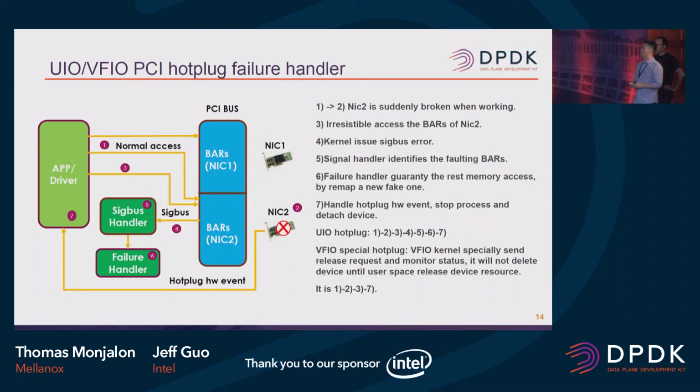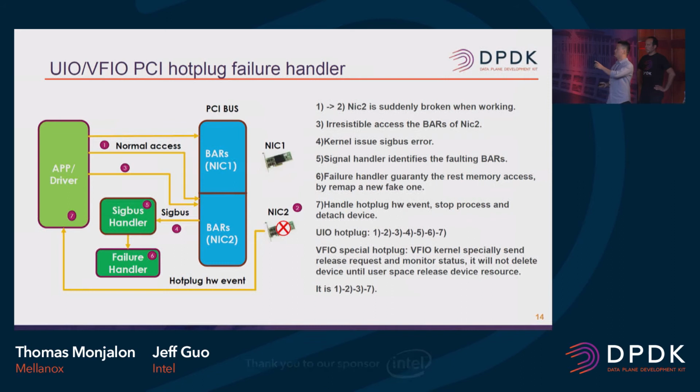But the VFIO, as I said before, has a special mechanism. The VFIO kernel driver sends a release request first, and keeps monitoring the device status. If it finds the device is released by the upper layer, the userspace, it will delete the device. So the steps should be 1, 2, 3, and 7.